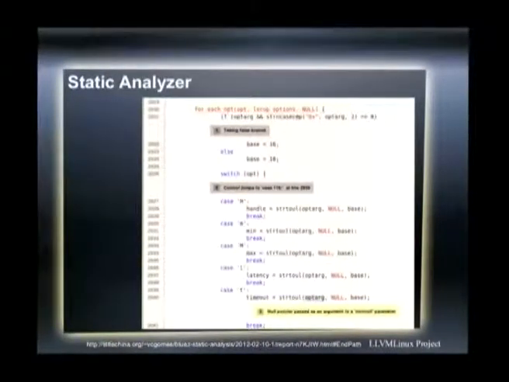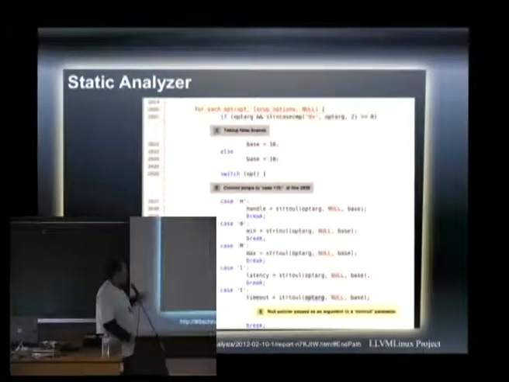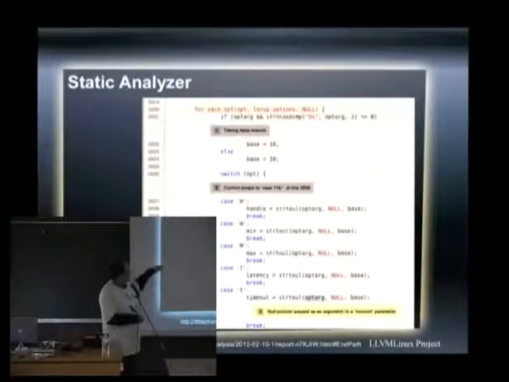Another thing which is interesting here is that Clang allows more things. Like we have a static analyzer, where we can create an analysis of our code flow, and we can also get detailed information on what goes wrong, for example, in this branch here.